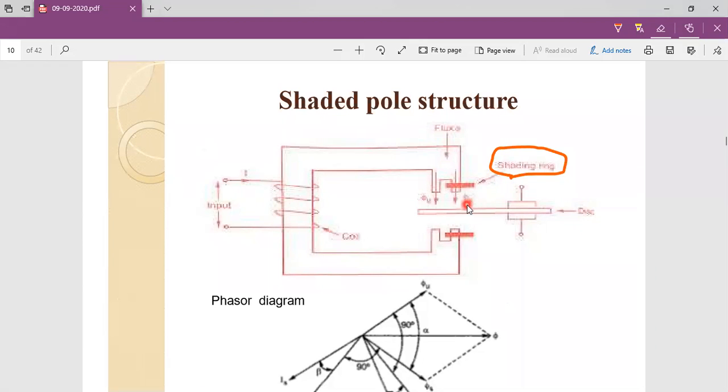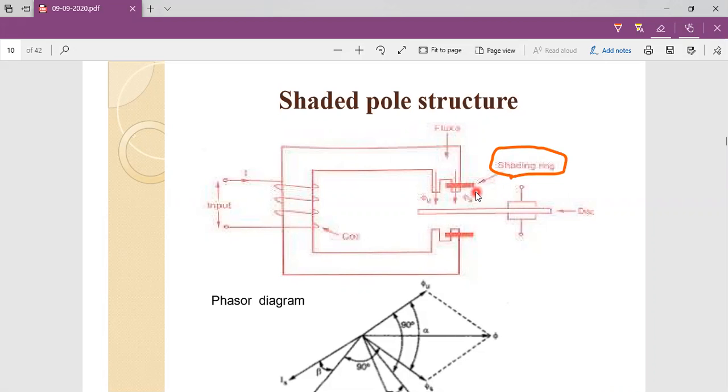That's why we put the symbol phi s. Phi s means flux from the shaded part, phi u from the unshaded. So I repeat once again, why do phi u and phi s have a phase difference? Let us explain step by step.